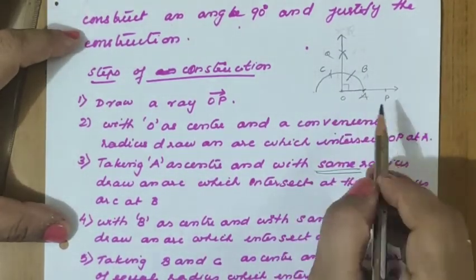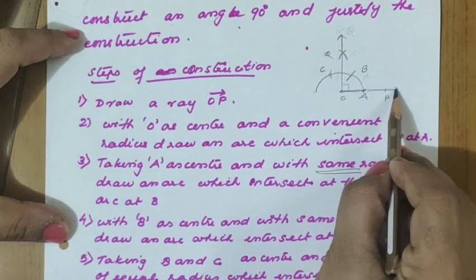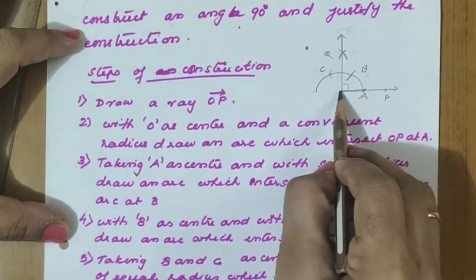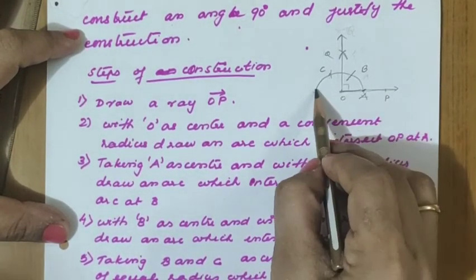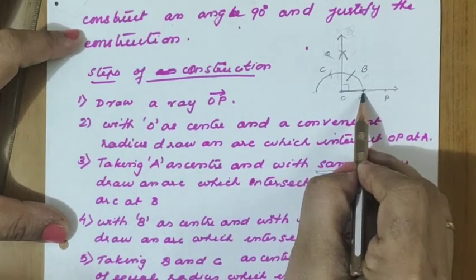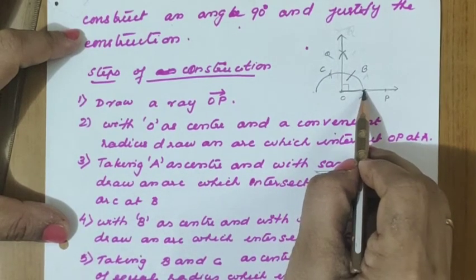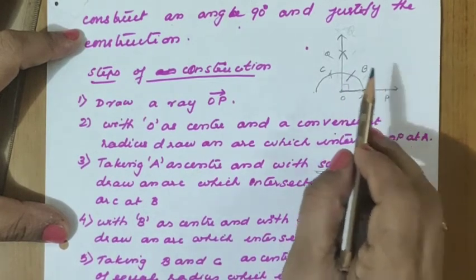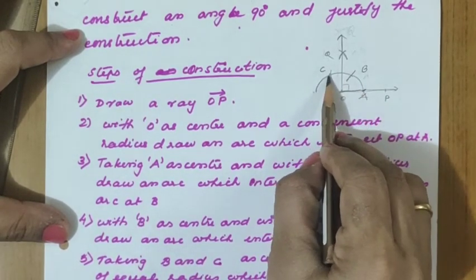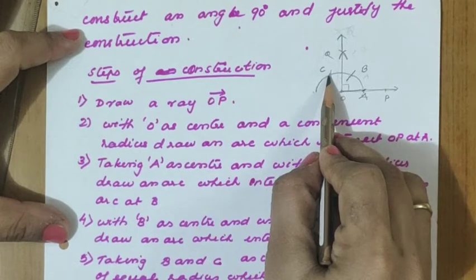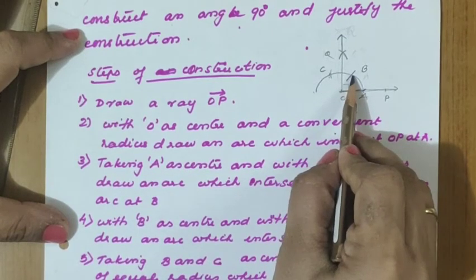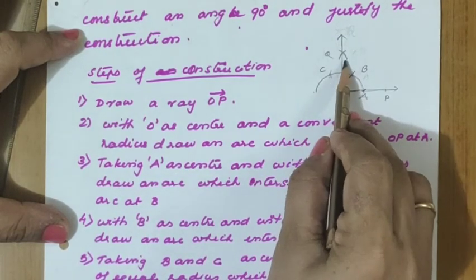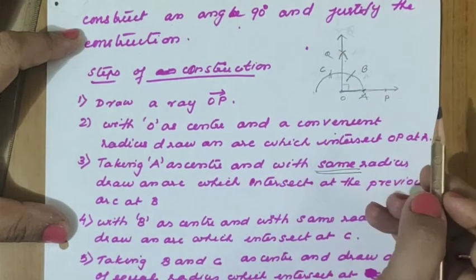Now you got the steps. Now what are the steps? Draw OP. Next, with O as a center, draw a semicircle which cuts OP at A. With A as a center, draw an arc which cuts the previous arc at B. With B as center, we will get one more arc intersecting at C. With B and C as centers, we get arcs of the same radius which cut at Q only.